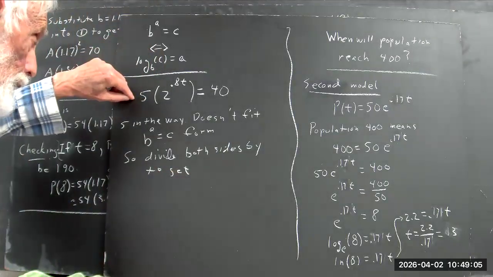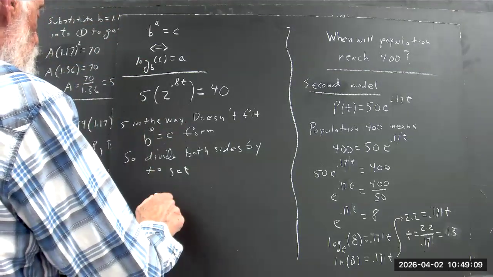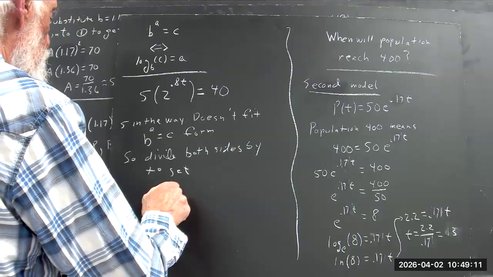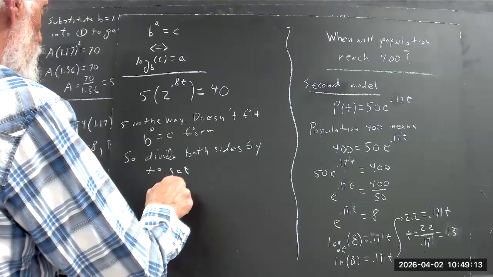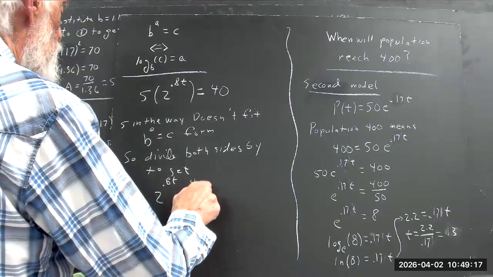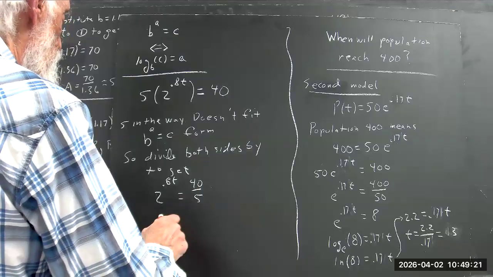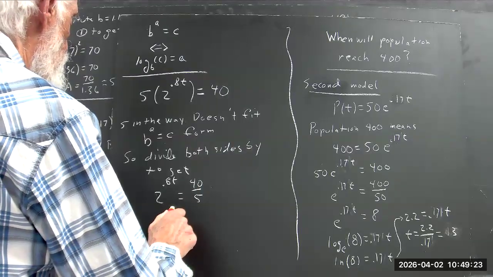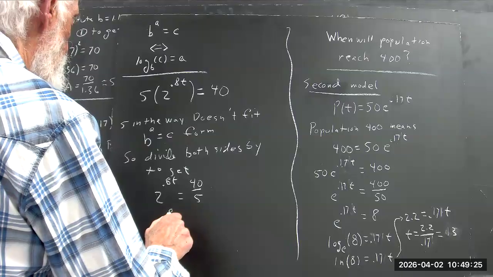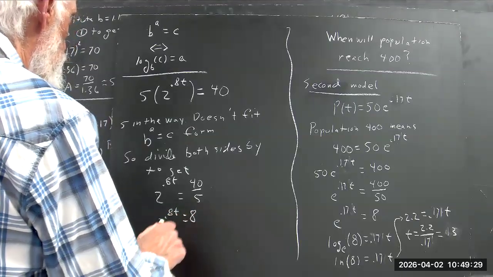The left-hand side, 5 divided by 5, gives you 1, so you can simply write 2 to the 0.8t. And the right-hand side divided by 5 is 40 over 5. So you get 2 to the 0.8t equals 8.